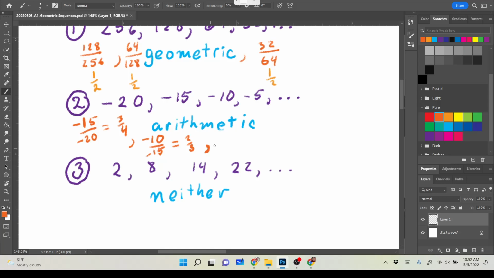So they don't have a common ratio, right? But they do go up by a consistent number.